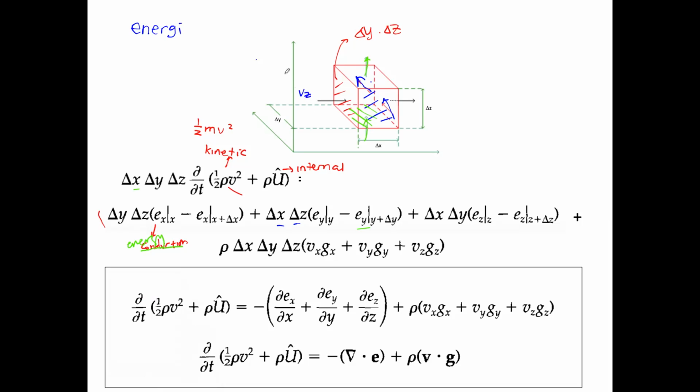Okay, and then the energy regarding the velocity, maybe Vx or Vz or something, so the kinetic energy regarding the velocity is called kinetic energy.